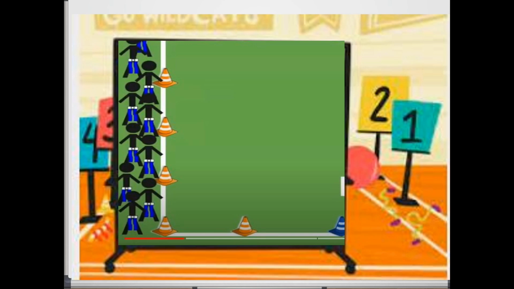Student teams can compare and contrast their results. Math problems can be solved to determine if target heart rates were achieved, and students can determine how many minutes in the class period were spent in MVPA.